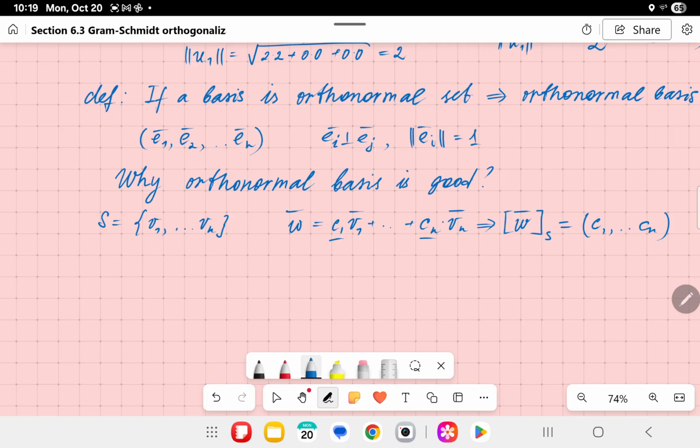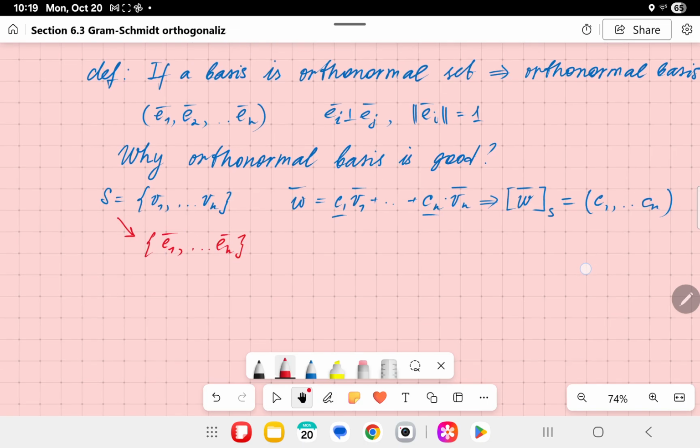So we need to solve a non-homogeneous linear system to find the coordinates, which can be a kind of long problem. What is going to happen if instead of S you have the orthonormal basis E1 through En? How is the situation different?